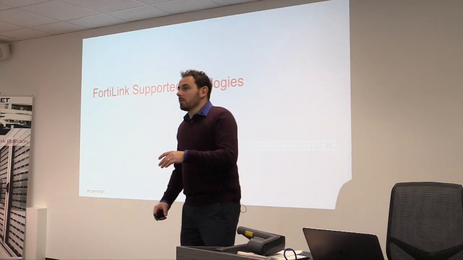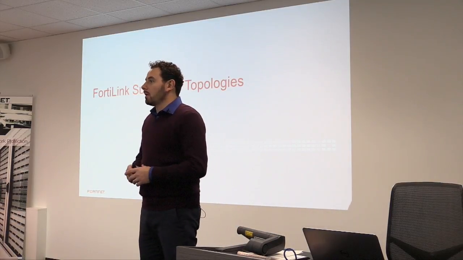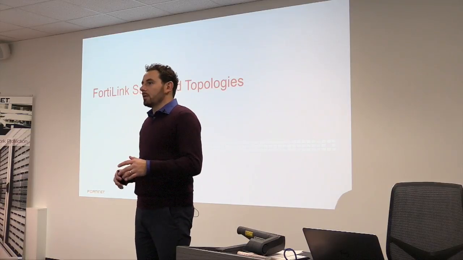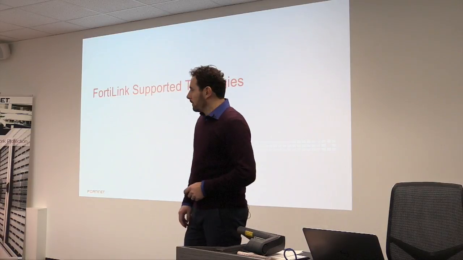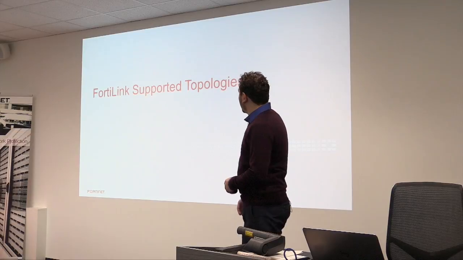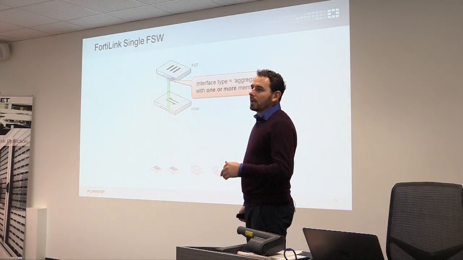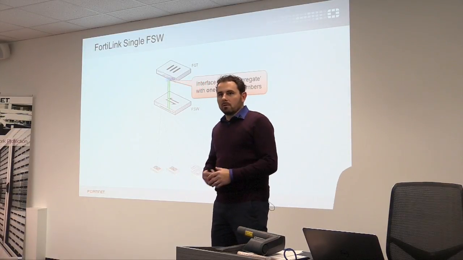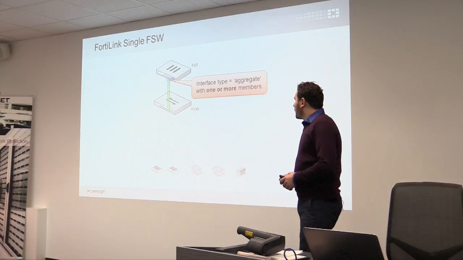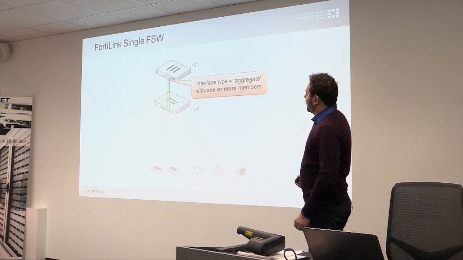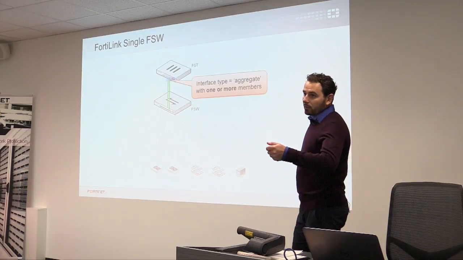So let me spend some time now to show you the topologies that can be made with this solution. They are all in the administration guide. If you check there, it's also included. So single FortiSwitch, we plug the switch to the FortiGate.